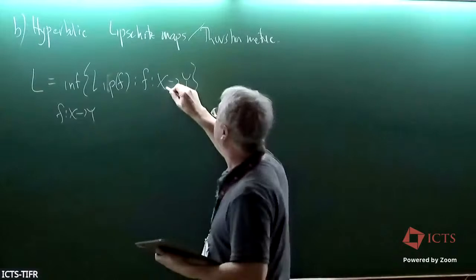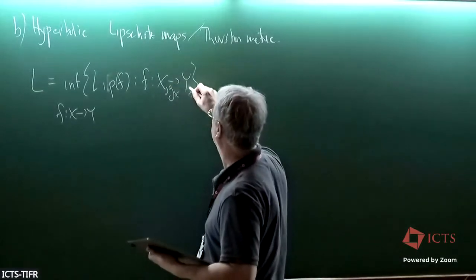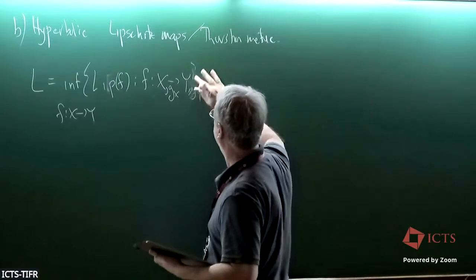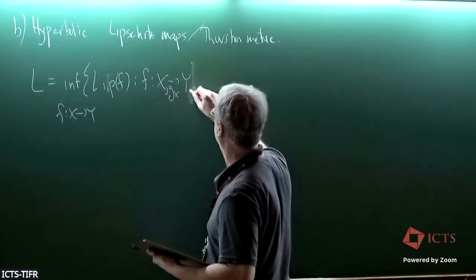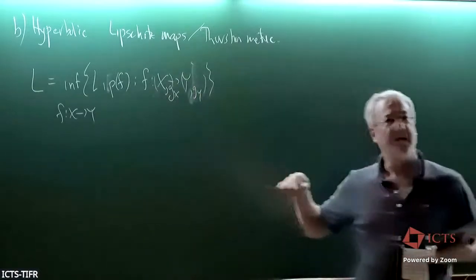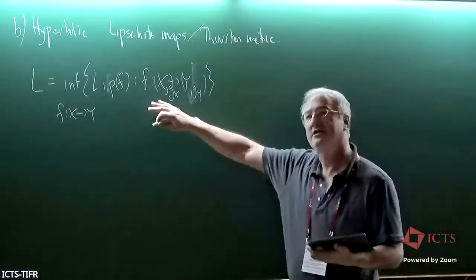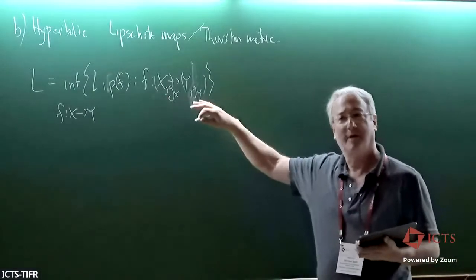So here these are hyperbolic metrics. So maybe I'll say they have some metric, g_x or g_y. And I look at how much this map, what's the amount of stretch that's required to get from x to y.